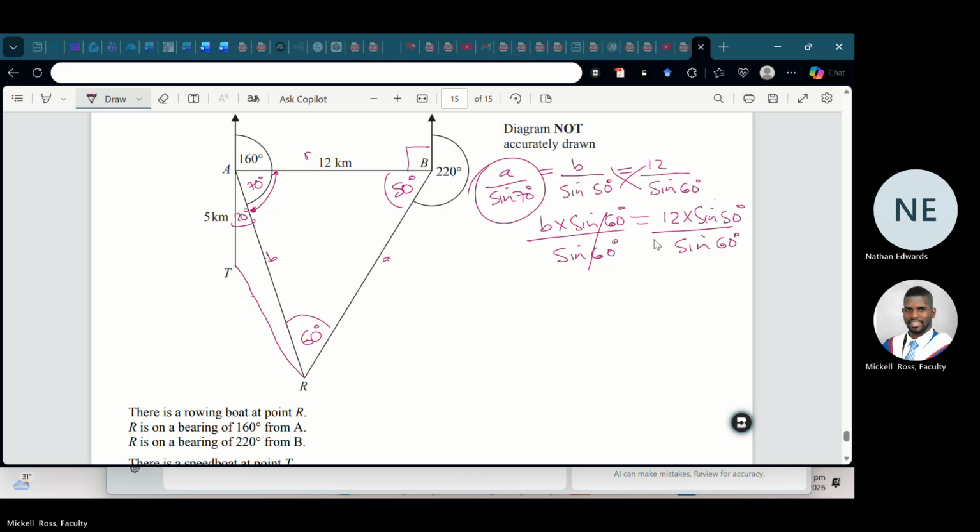And then we need to work out over this side. So b is going to be equal to 12 times sine 50 divided by sine 60. So we end up with 10.61. That's the length of b.